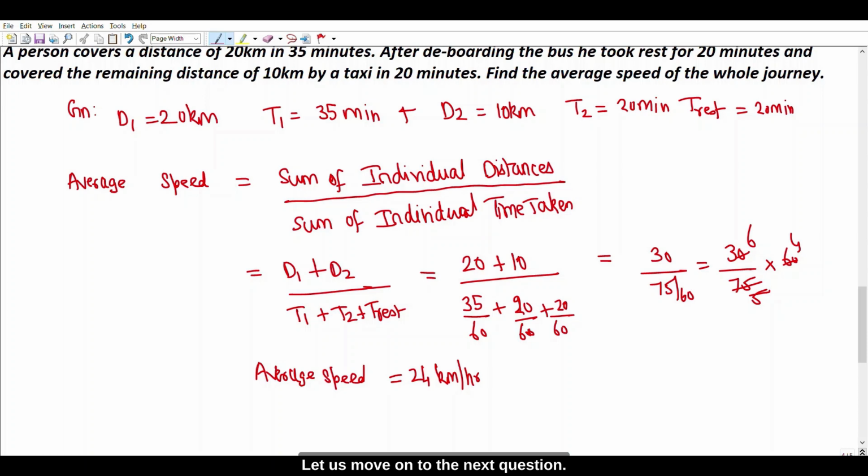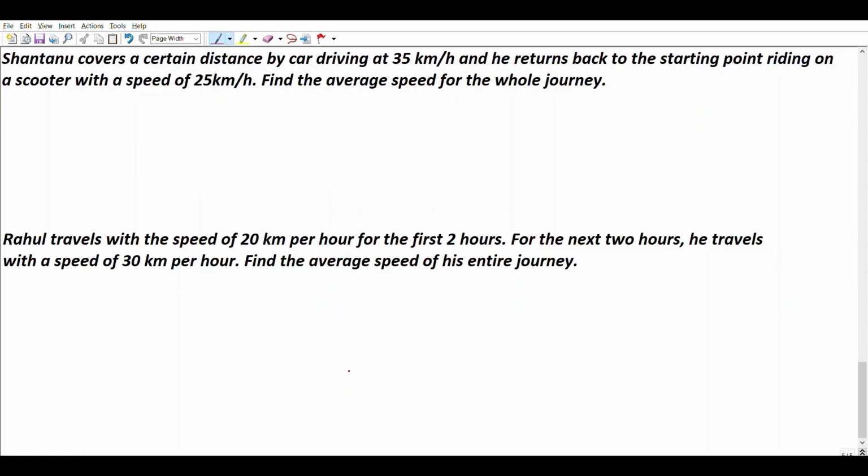Let us move on to the next question. Shantanu covers a certain distance by car driving at 35 km per hour and he returns to the starting point in a scooter with a speed of 25 km per hour. Find the average speed of the whole journey.